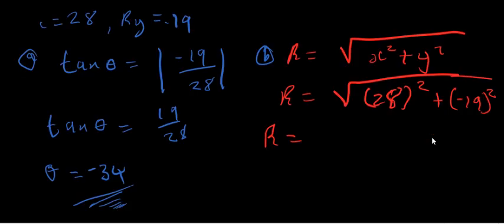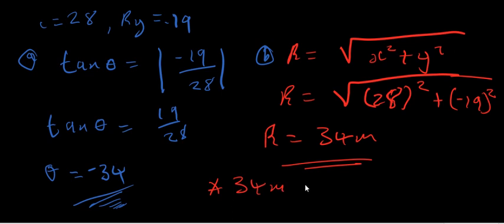So when we work it out, we are just going to have 34 meters. If you look at 34 meters, this is what we have found. 34 meters is double 17 meters.